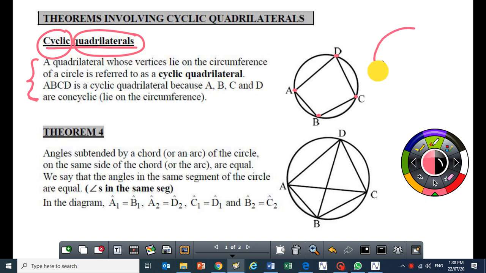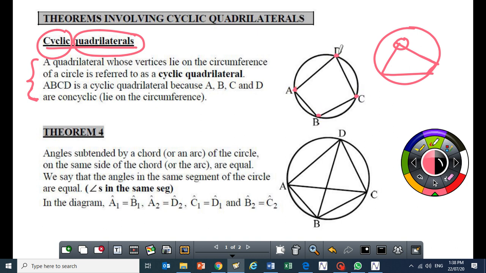If you see a quadrilateral like this, that quadrilateral is not a cyclic quadrilateral because this point is not on the circumference. So you cannot use the theorems that we are going to discuss just now when you've got a shape like that. The 4 vertices must be on the circumference.